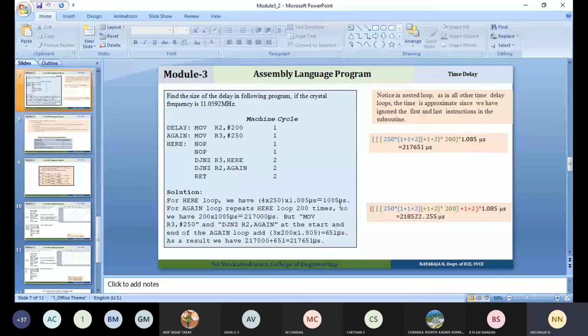Only problems and delay calculations. Write down neatly. If you have any doubts, you can ask. No issues.